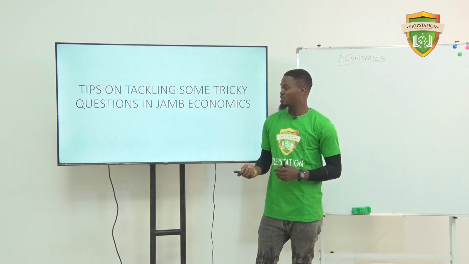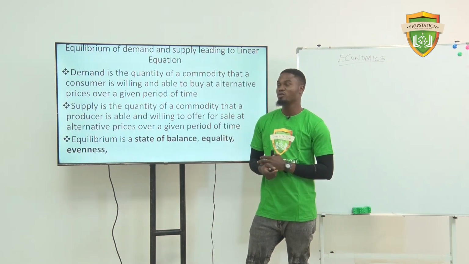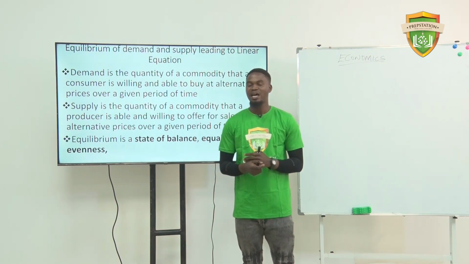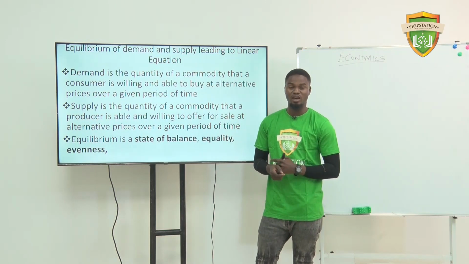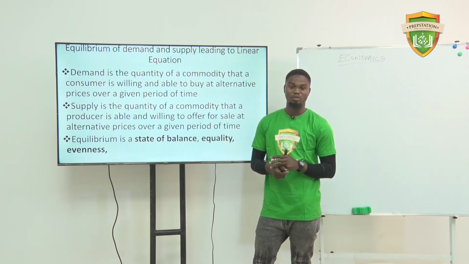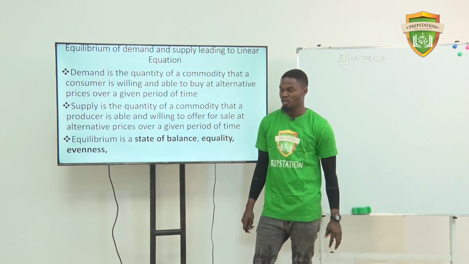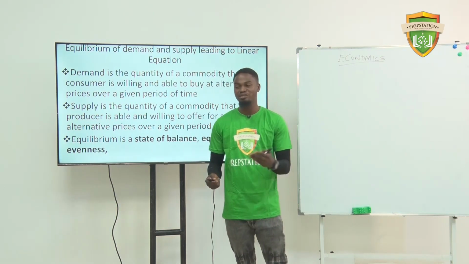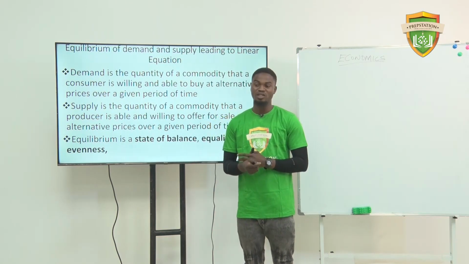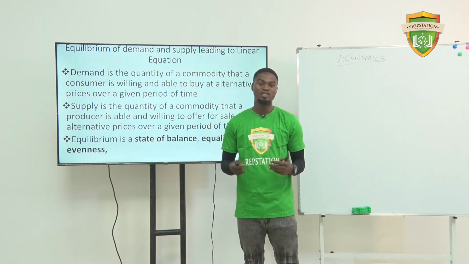One of the most frequently asked questions in JAMB in economics is the theory of demand and supply. To be able to tackle questions on demand and supply, you have to understand demand and supply. So what is demand?